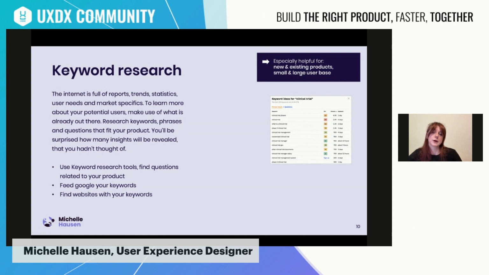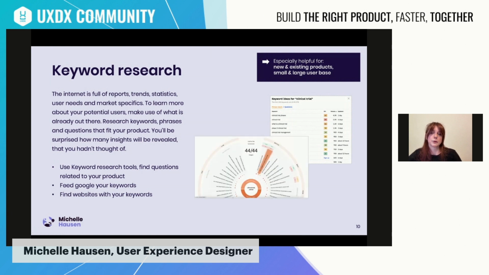We then used those keywords to feed them into Google and also websites like Ask the Public to see what kind of questions are often asked. And with all that information, we could use the Google Advanced Search to get those websites that include one or all of the keywords we found.